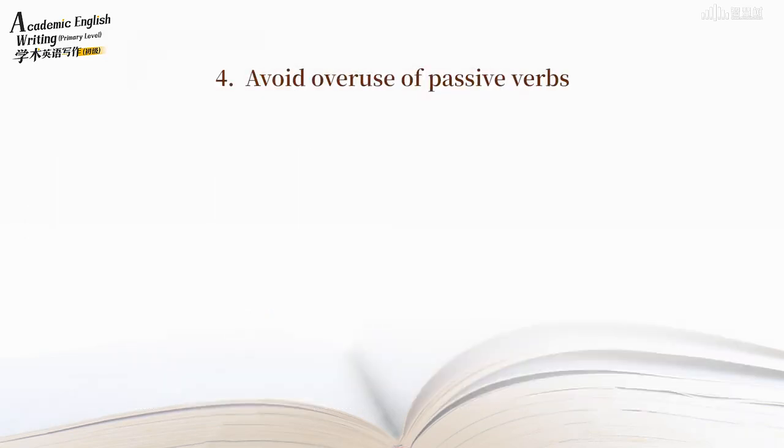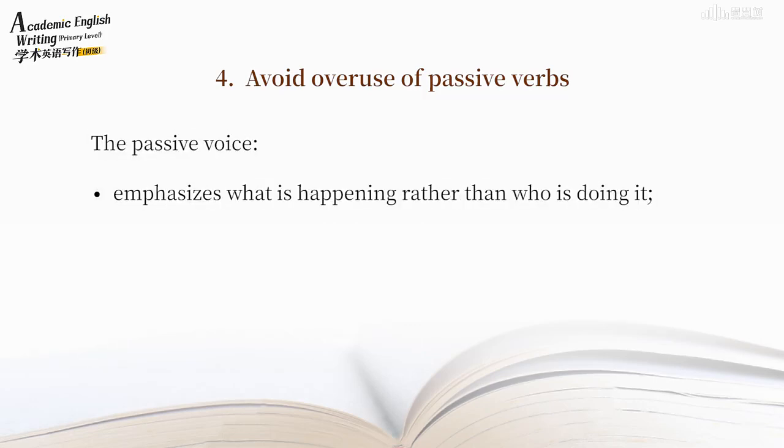The fourth tip, avoid overuse of passive verbs. The passive voice is often used in academic writing and is seen as more objective and more formal than the active voice. The passive voice emphasizes what is happening rather than who is doing it.